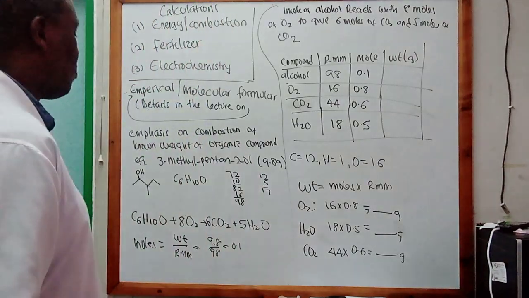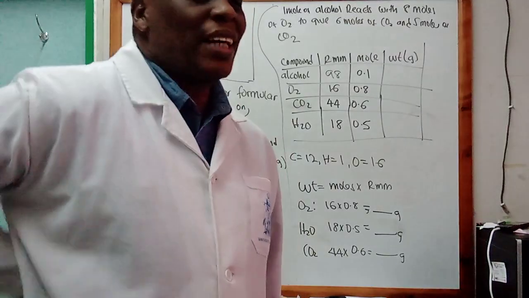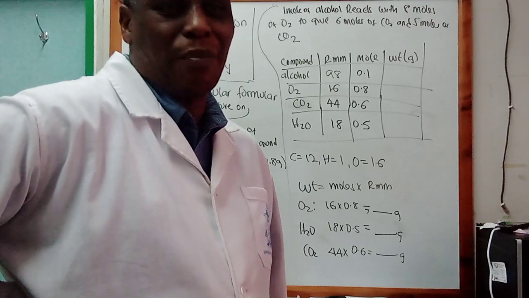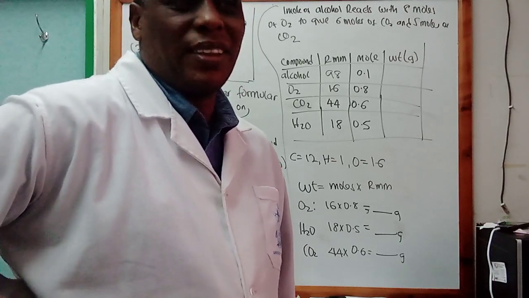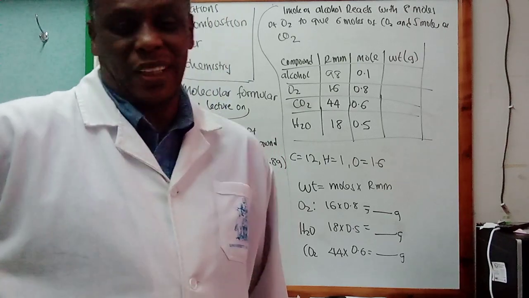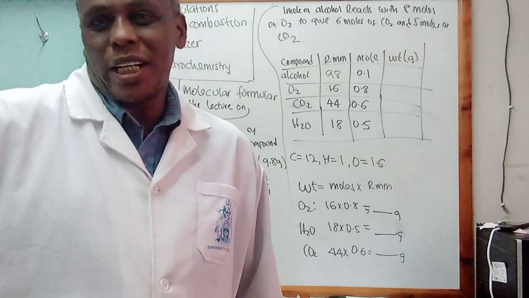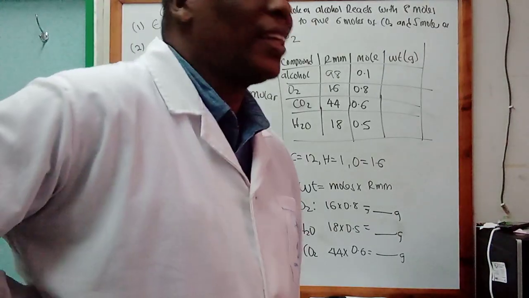Something you're going to see in every engineering paper, because we know that you're dealing with engineers, and engineers like calculations. Calculations you cannot avoid. There needs to be some things dealing with calculations.